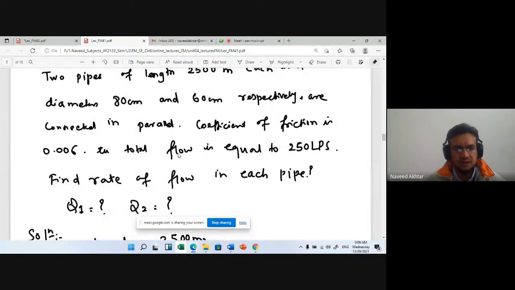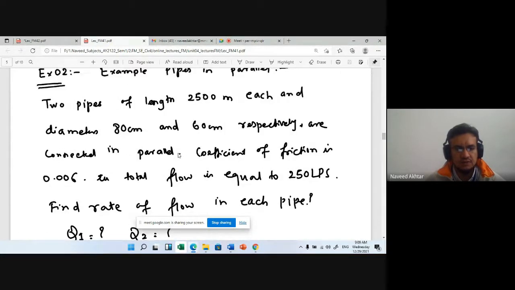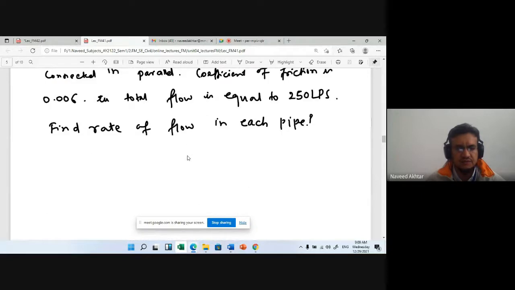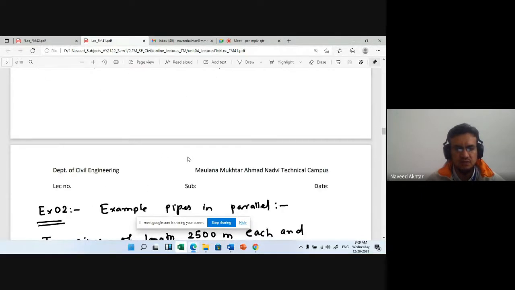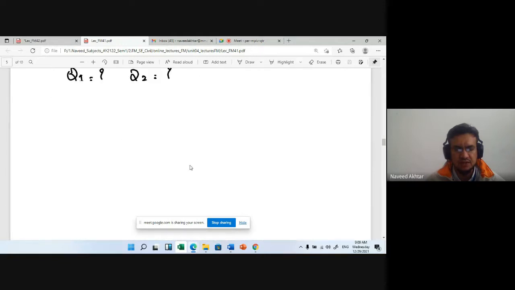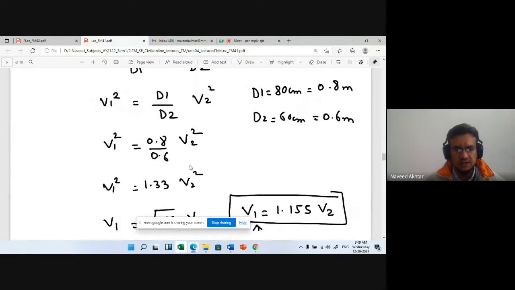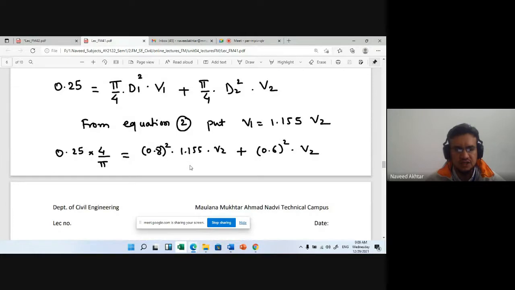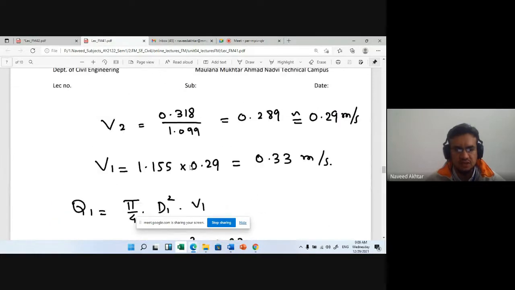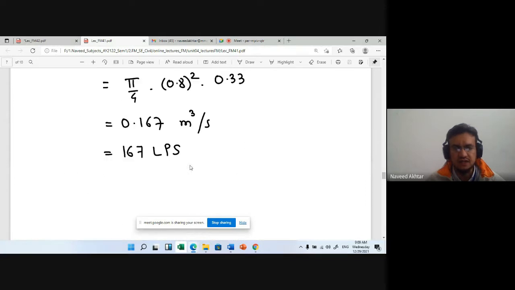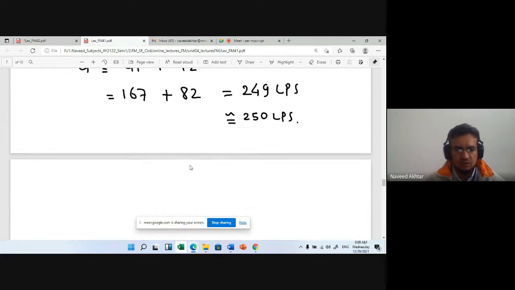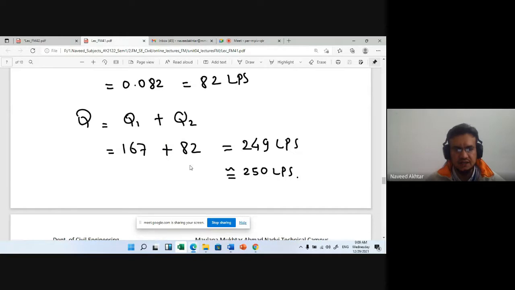The first example was of the series connection, and the second example was on the parallel connection, where we find Q1 and Q2 by drawing the energy line.